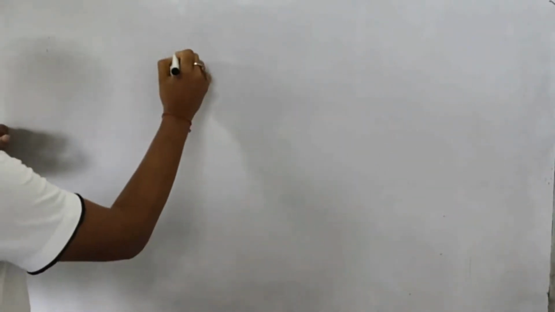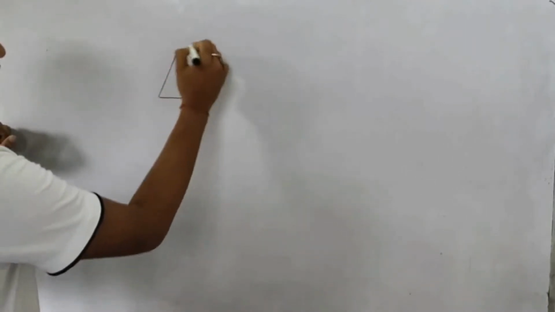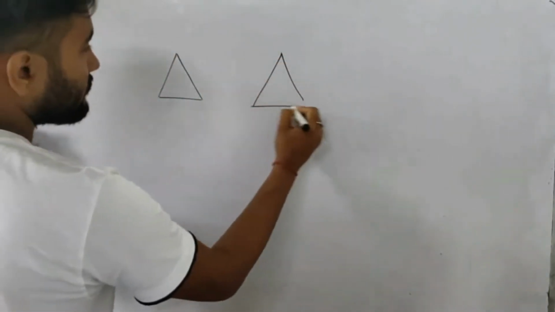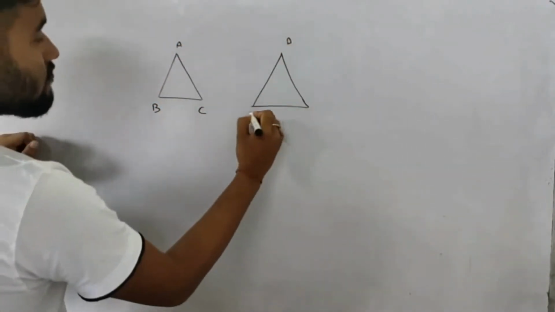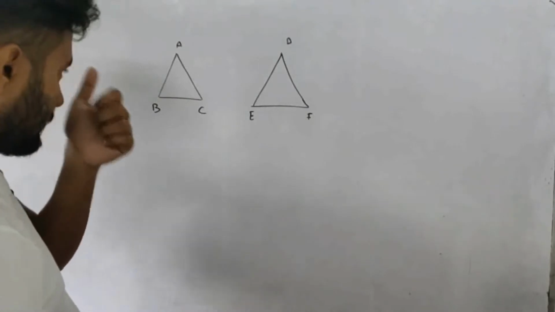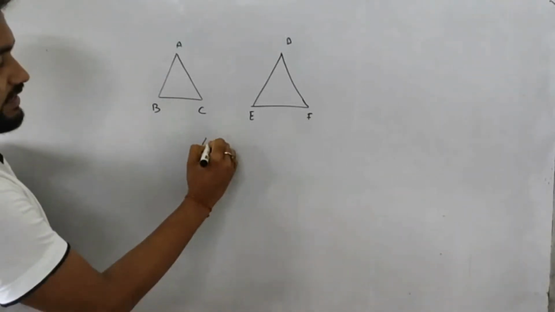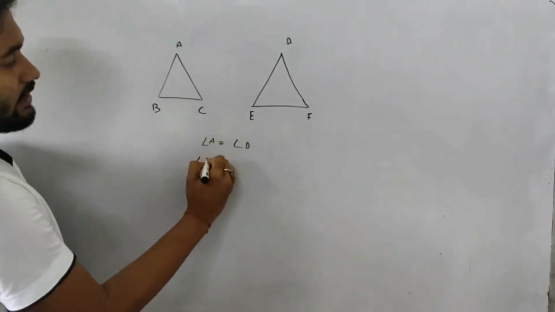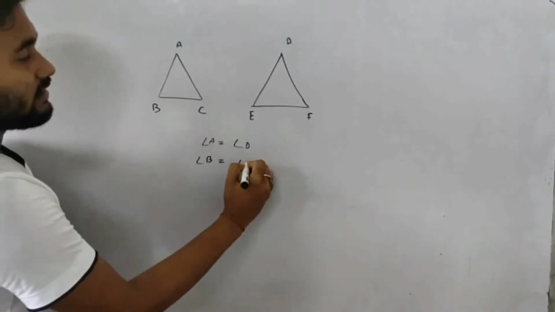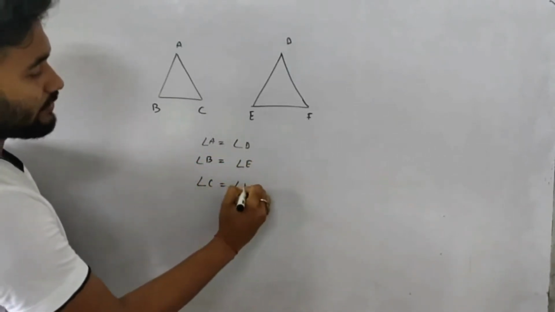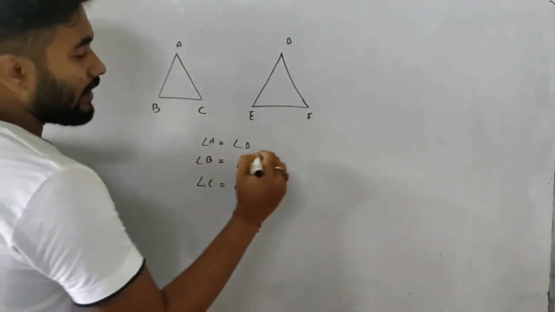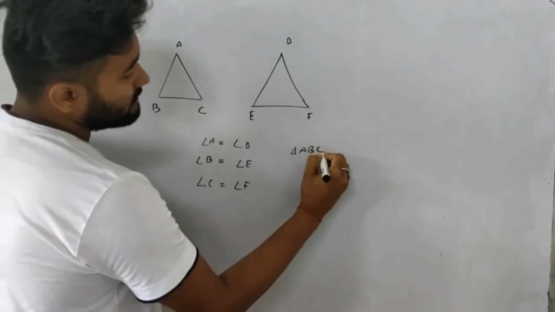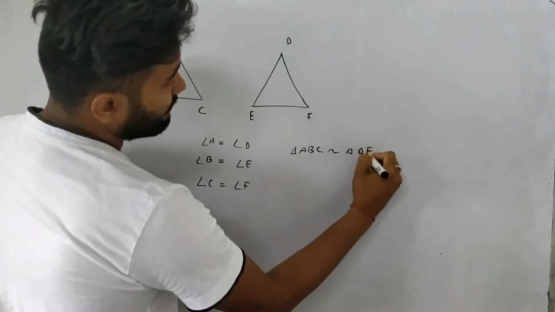This one is a very basic thing. Say this is a triangle, this is another triangle, A, B, C, D, E, F. Say I have said angle A is equal to angle D, angle B is equal to angle E, and angle C is equal to angle F. Now you have to write like this only: the triangle ABC is similar to triangle DEF.